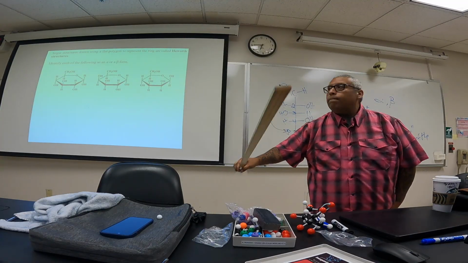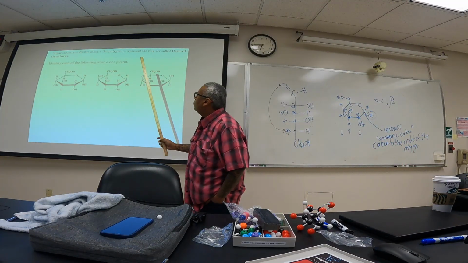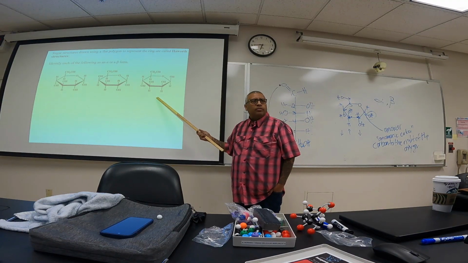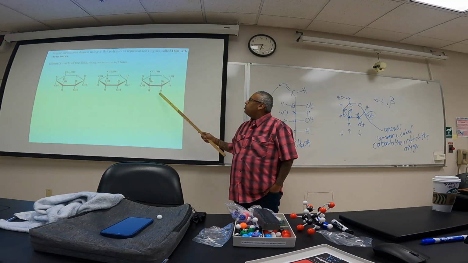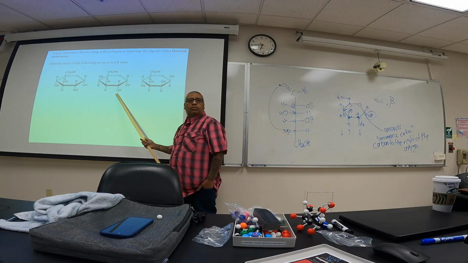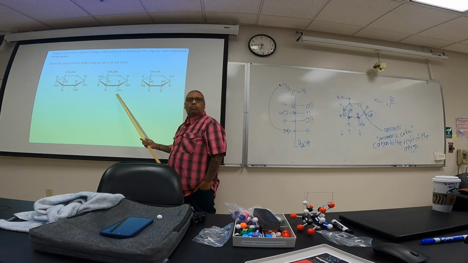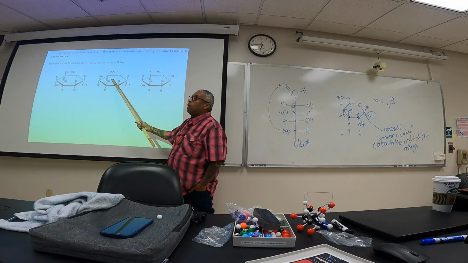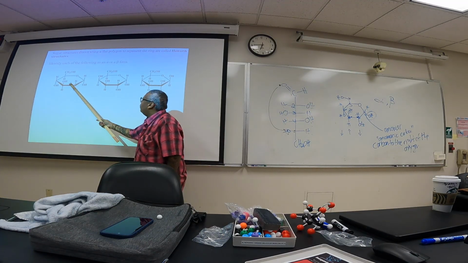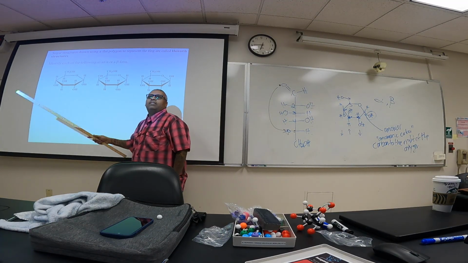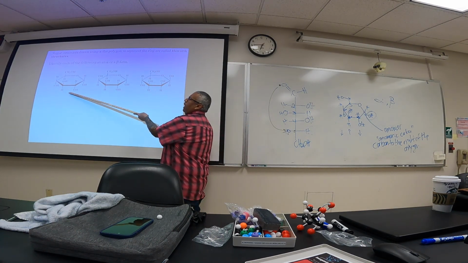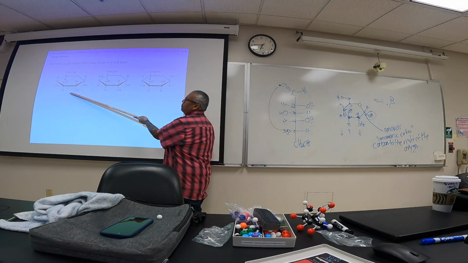So here, is this glucose? No, because carbons 2, 3, and 4 are up, up, down. Is this glucose? Down, up, up. No. Down, up, down. This is glucose. But as far as alpha or beta goes, is this alpha or beta?